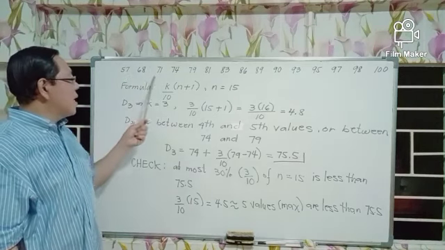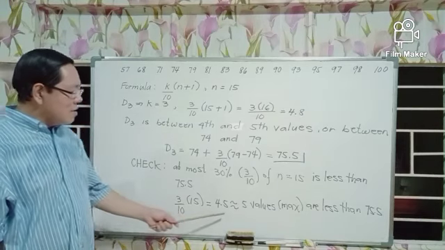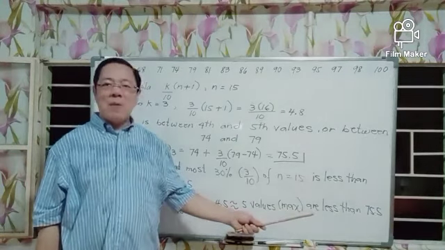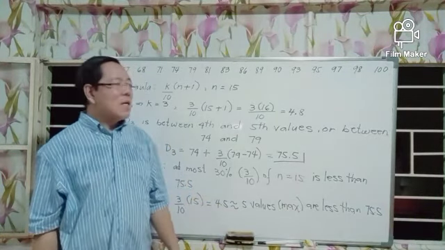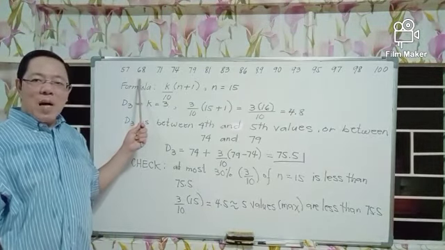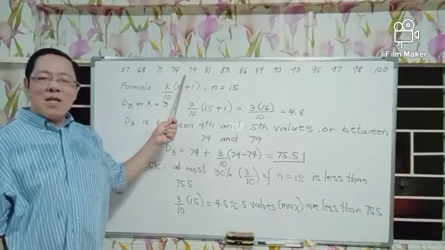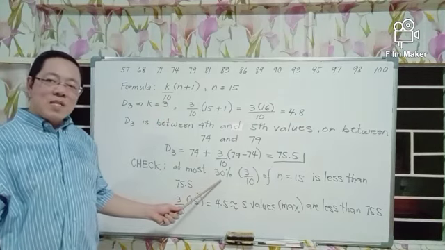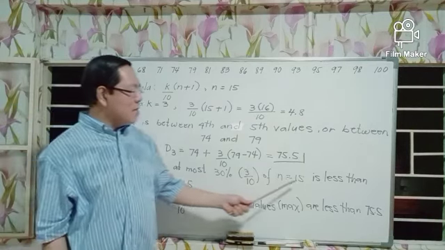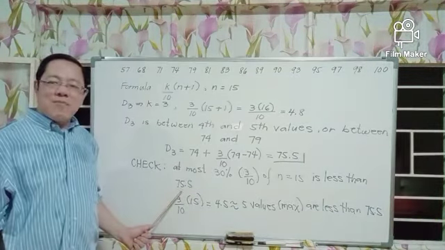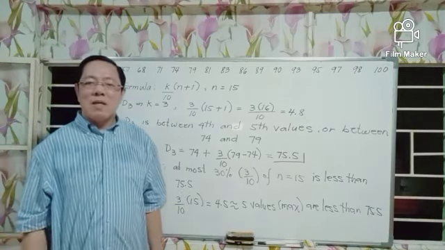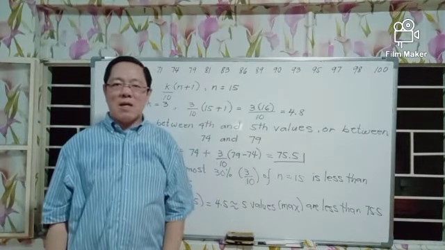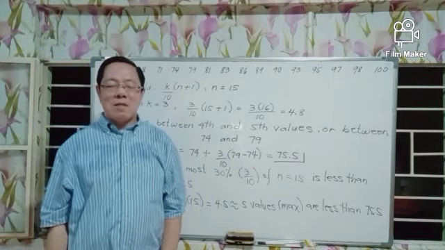And we have 4 values, and this is satisfied. 5 values maximum are less than 75.5, the third decile, and we actually have 4 values. If 30% of the values maximum are less than the third decile 75.5, it also means that 70% of the values, or the sample size, are greater than 75.5.